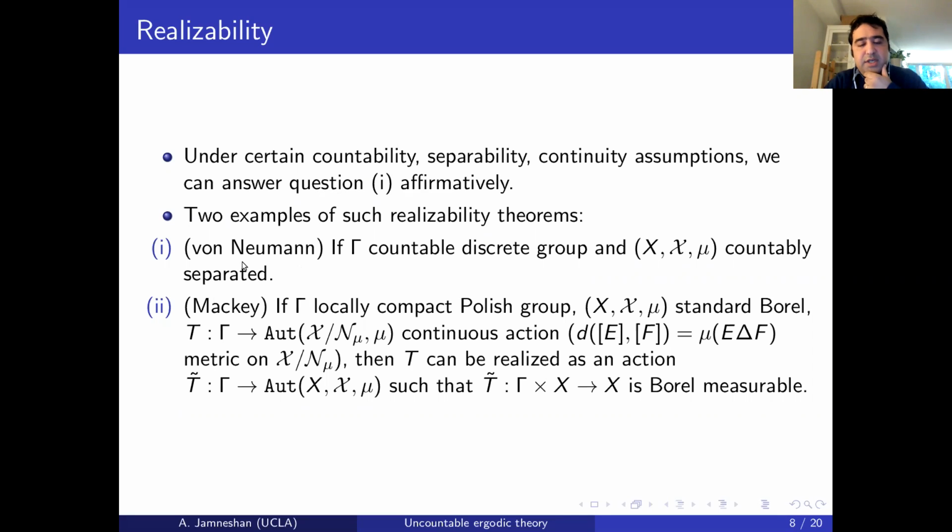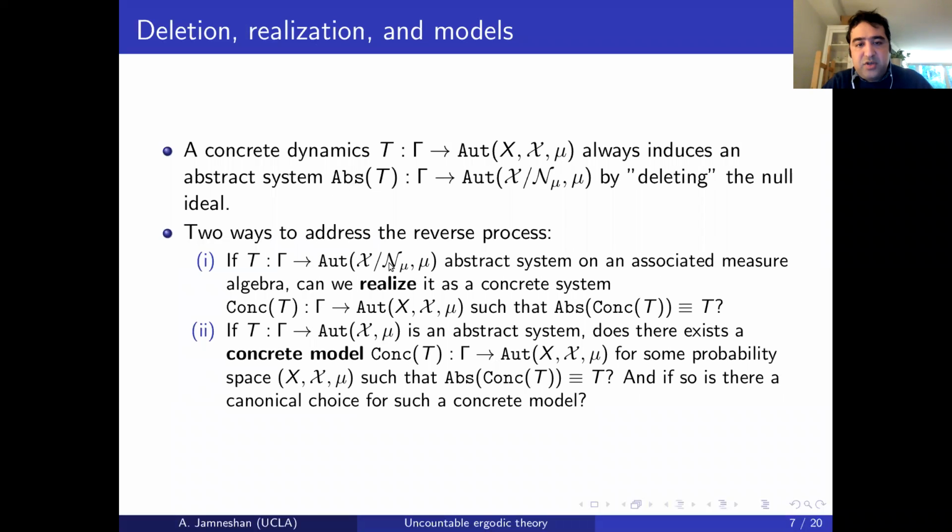One is a theorem of von Neumann, which tells that if the acting group is countable and discrete and the probability space is countably separated, which means that there is a countable set of measurable subsets of X which can separate points, then any abstract action on the measure algebra can be realized as a point action.